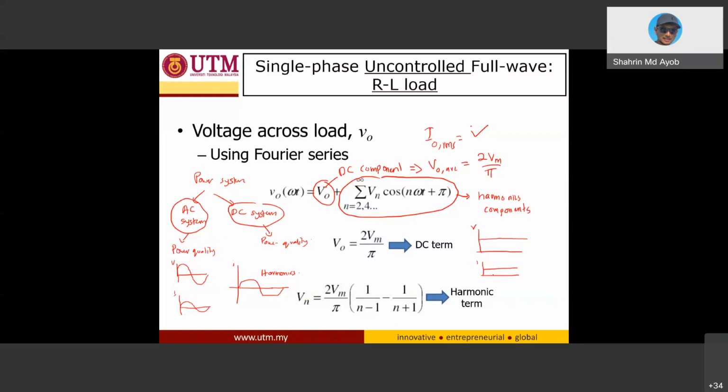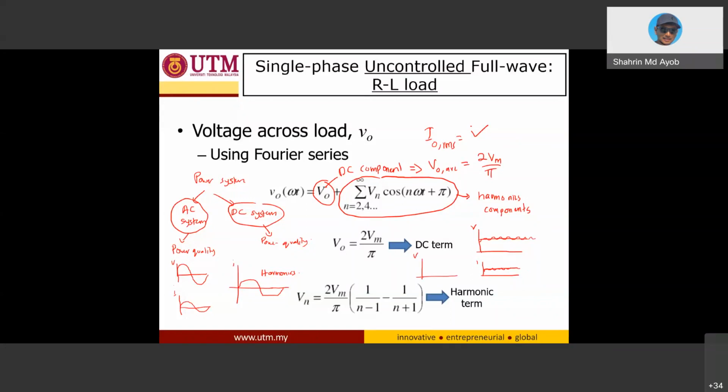For the DC system, you need to ensure that the voltage and current waveforms are clean without any distortion. If your voltage has some ripple, like waves, we say this voltage has some harmonics. If the current also has this, we say the voltage and current have some harmonics.